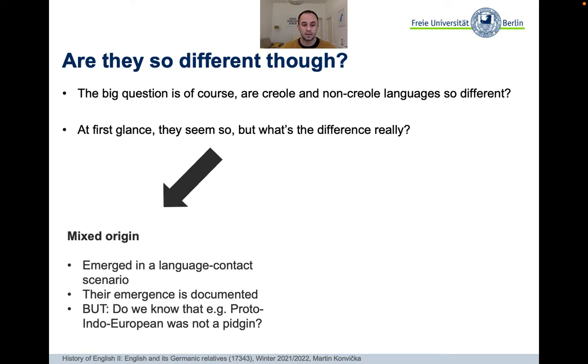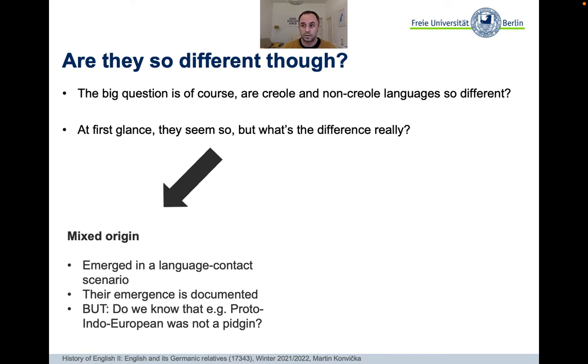The situation is slightly different. They evolve in a situation where two languages that are not mutually intelligible meet and create something completely new. So this would be the mixed origin.